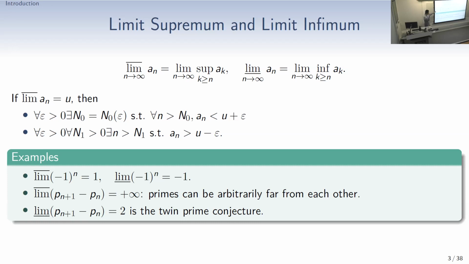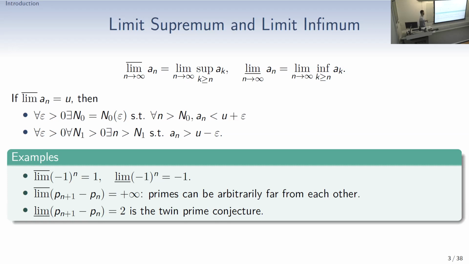If the limit supremum of a sequence a_n equals u, then for every epsilon, we can find sufficiently large n such that all of the terms are less than u plus epsilon. On the other hand, for every epsilon greater than 0, we can also find infinitely many n such that a_n is greater than u minus epsilon.